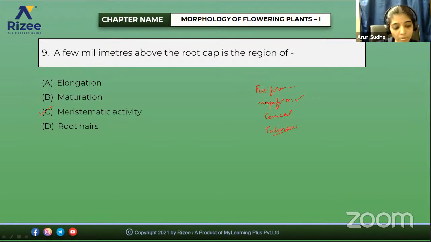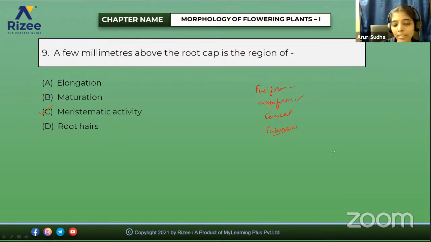Then the next question is, the roots that have swelling at regular intervals are called nodulose, fasciculated, moniliform, or tuberous roots. The question is, the roots that have swelling at regular intervals. Oh, actually, it is not fasciculated.